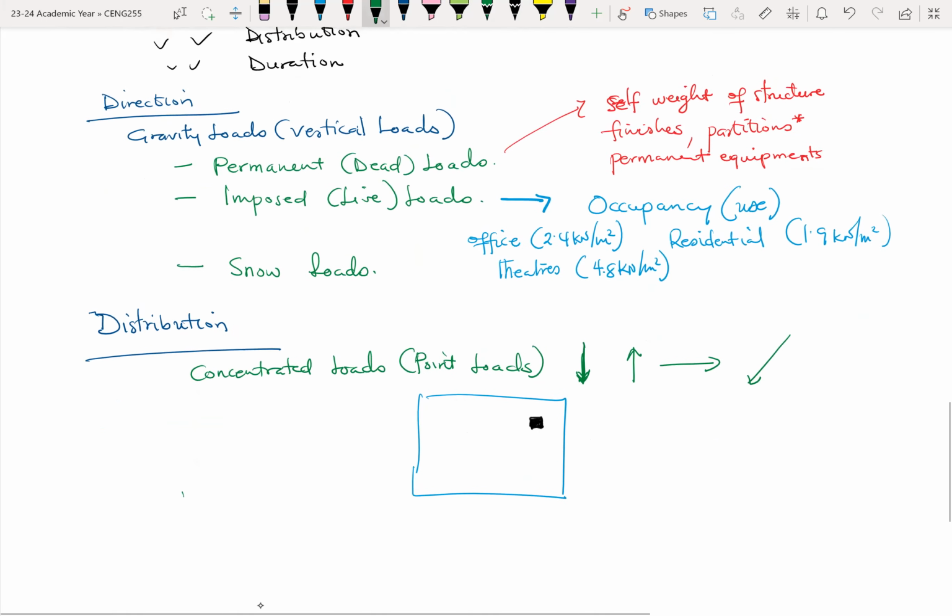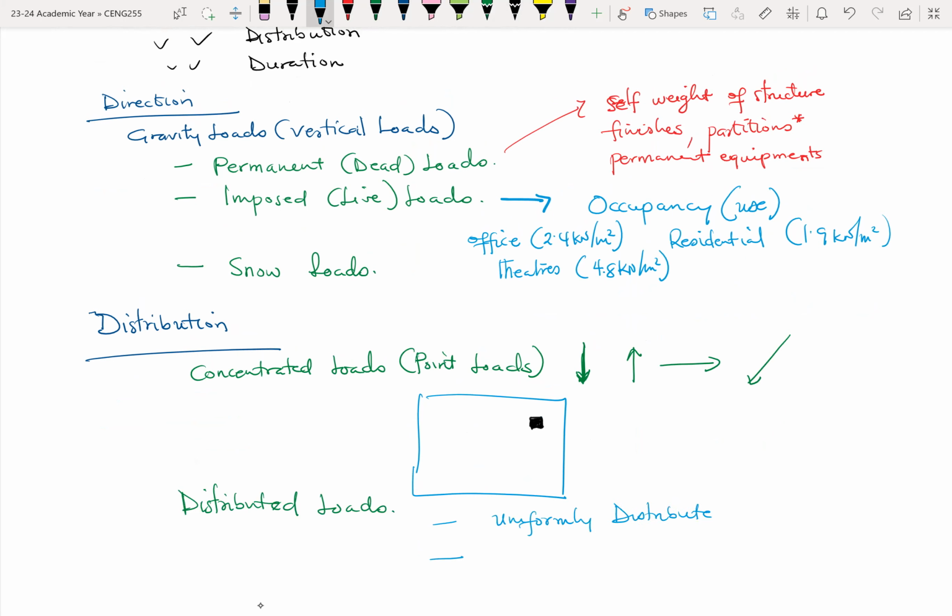Then we have the distributed loads. And we have two of them. We have the uniformly distributed loads, which we normally call UDLs.